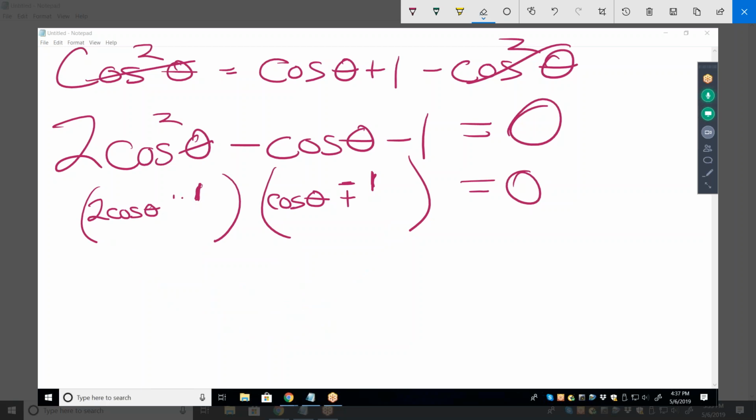Okay, so, oops, hold on. Next step. You would solve for them. Go ahead. So the left one would be cosine theta equals -1/2.